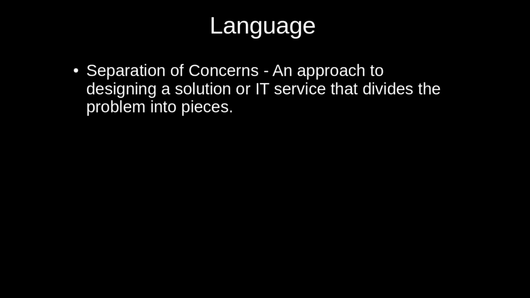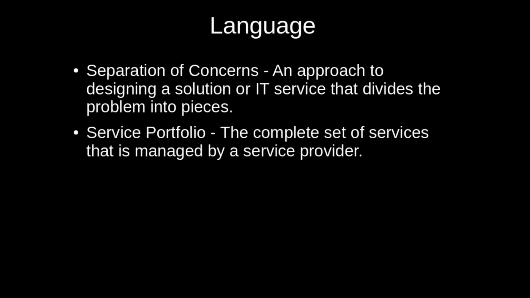And the key is that each piece can be solved individually and then assembled into ideally an answer for the whole problem. Another one is the service portfolio. Now, this is the overarching collection of the services that are being offered in all life cycle phases. This includes ones that are in the pipeline to be released, as well as services that have been retired, and all the ones in between.